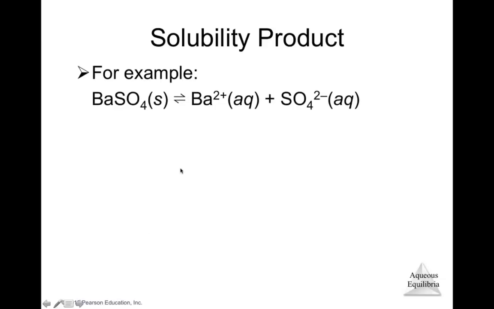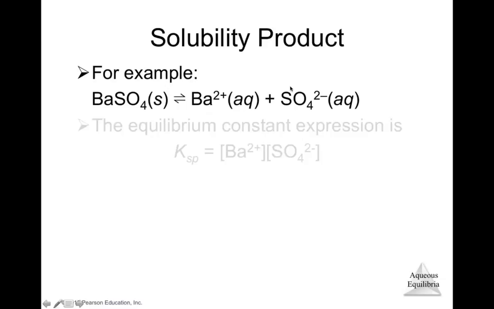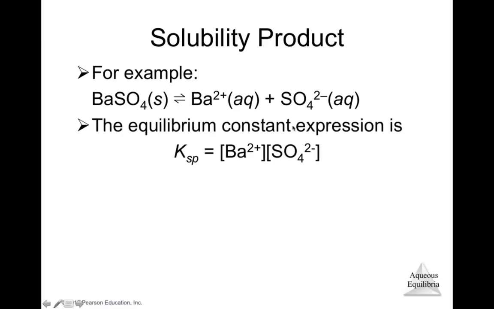Barium sulfate is in equilibrium with barium and sulfate. This is the solid, and in aqueous solution are the ions that have dissociated from this ionic compound, and the equilibrium constant will be the concentration of barium and the concentration of sulfate. So here we have the equilibrium constant, the Ksp, for this equilibrium.